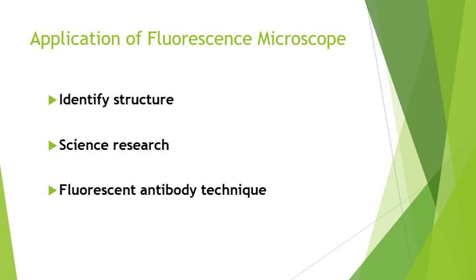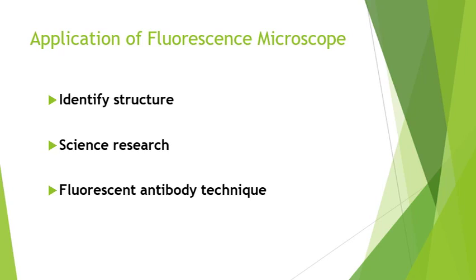In addition, generally we use this for different scientific purposes, for identification of substances, for finding out the compound that is present within a specific substance. So in various research areas we can use this fluorescent microscope.